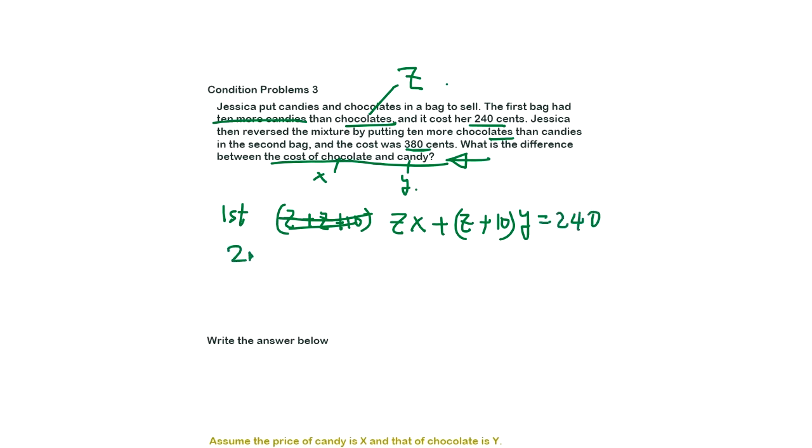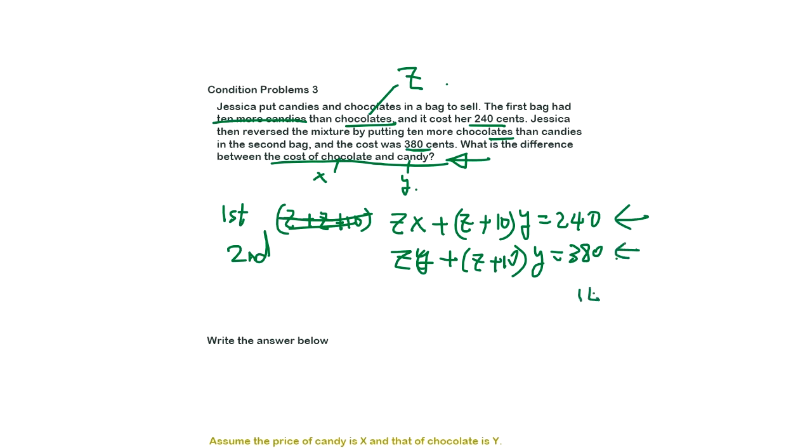The second, you reverse it, so (Z plus 10)X plus ZY equals 380. So what you do is you subtract this from this.